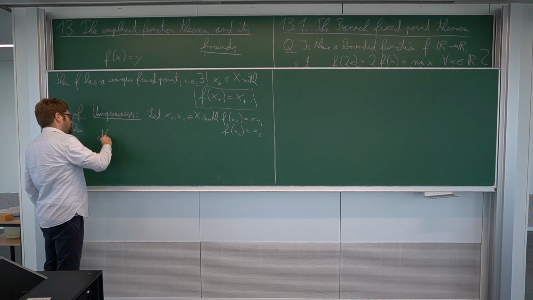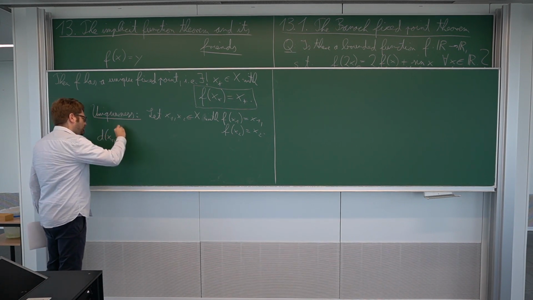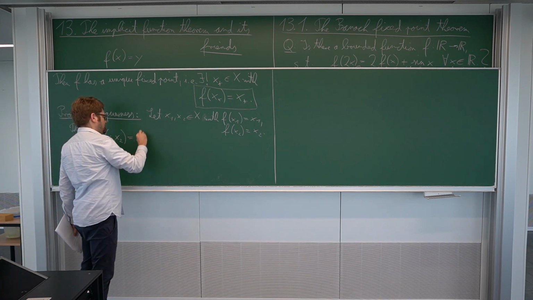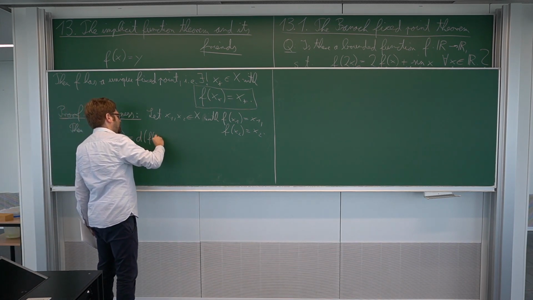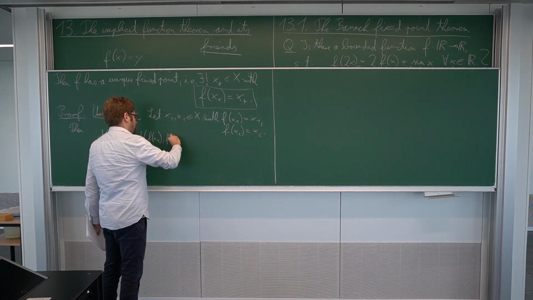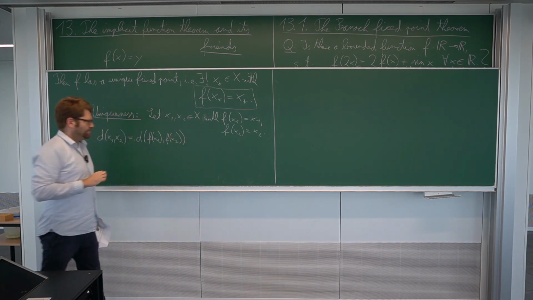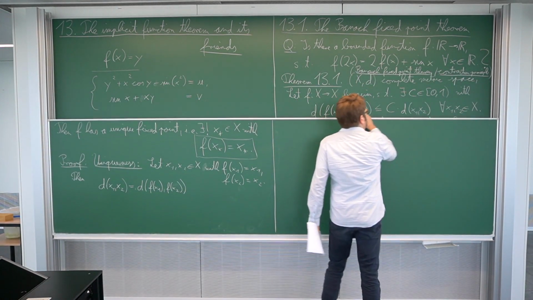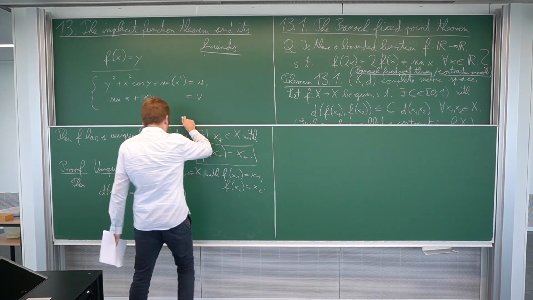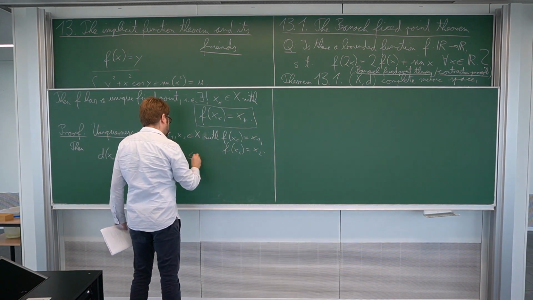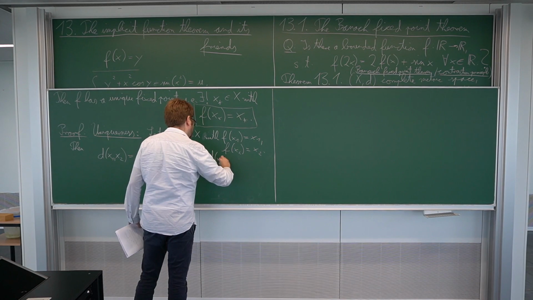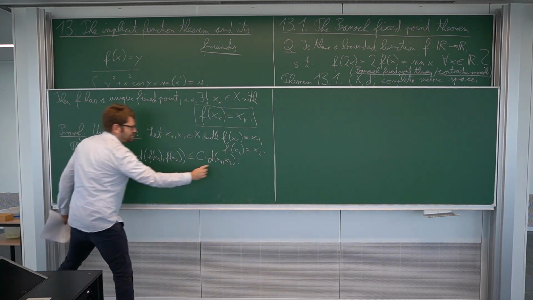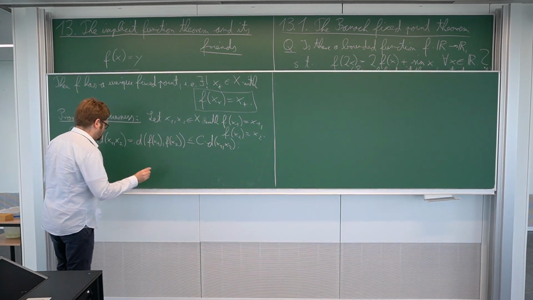We know d of x1, x2 is, since these are fixed points, the same as d of f of x1, f of x2. Now we can apply the inequality which defines the contraction, so this is smaller than or equal to c times d of x1, x2.